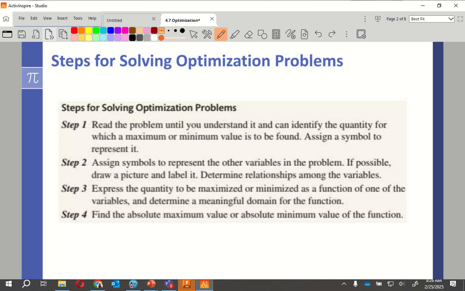Steps for solving optimization problems. Read the problem until you understand and you can identify the quantity for which a maximum or minimum value is being found. Assign a symbol to represent it. So, read it through. You're going to be making some shape out of it. And if you think about it, if you were going to get a business degree, you would have to take business calculus.